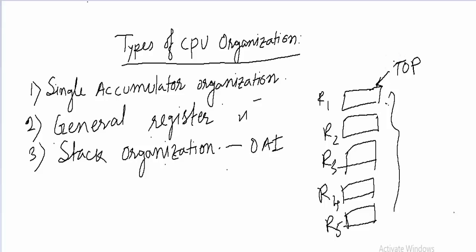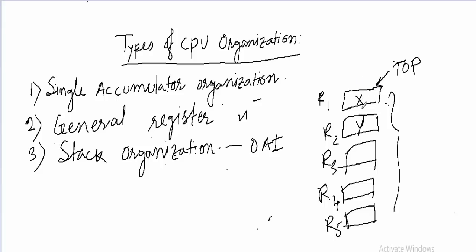To perform addition using a stack organization, first we push the first operand x, and then we push the second operand y. And for addition we are not going to use any other operand. We are just going to add x and y and store the result at the top of the stack.